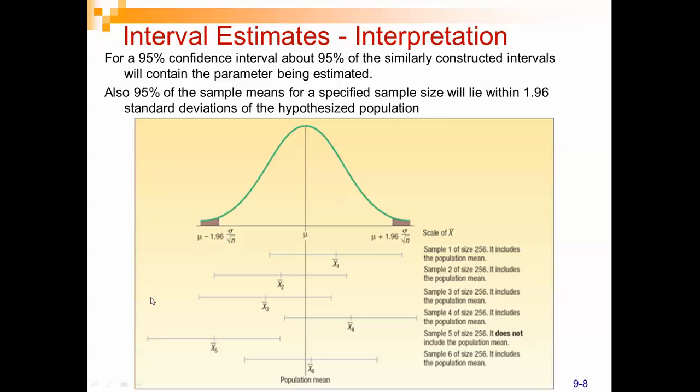So we might choose 99% confidence intervals, in which case we would expect only about 1% of the confidence intervals generated to not include the population mean. Also, 95% of the sample means for a specified sample size will lie within 1.96 standard deviations of the hypothesized population mean. So let's go ahead and do an example.